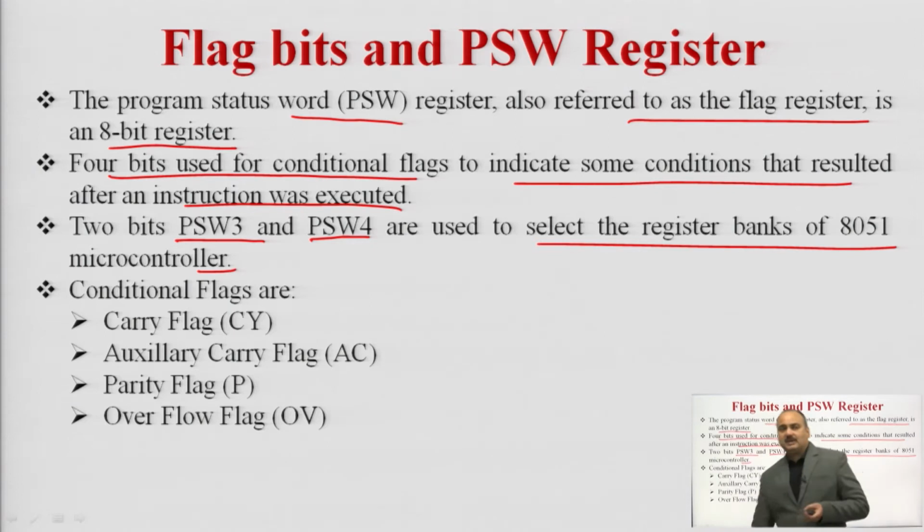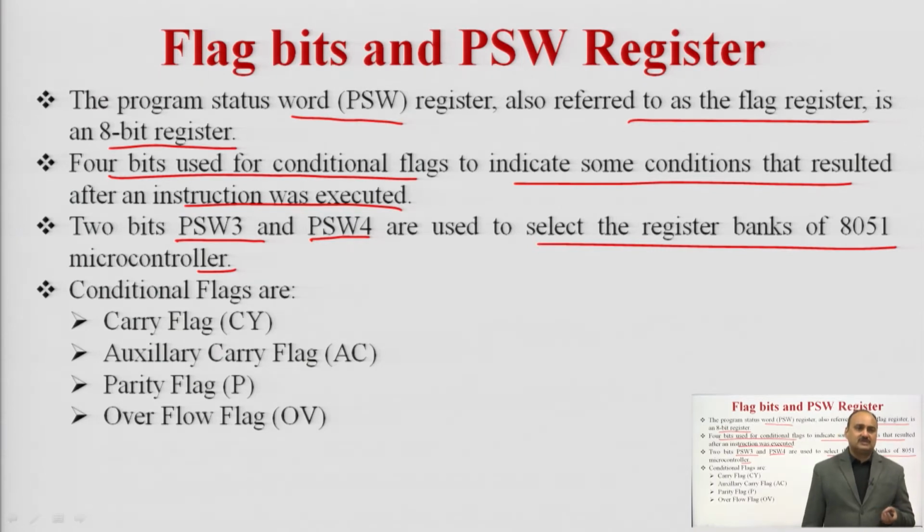Once these bits select the register bank, only then can we use the registers R0 to R7 of that bank. If the register bank is not selected, by default the microcontroller will use bank 0.